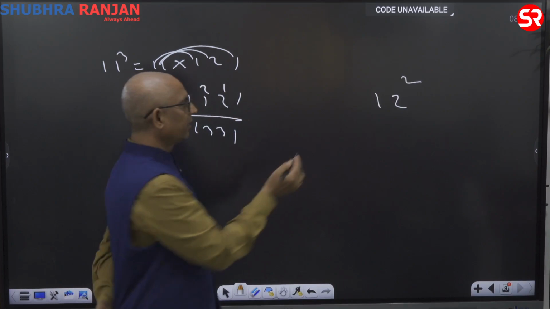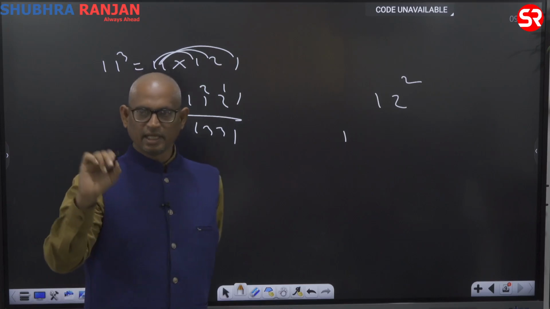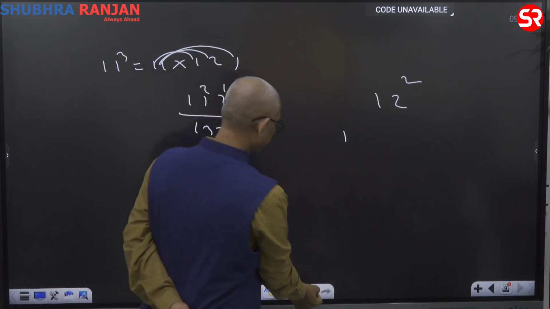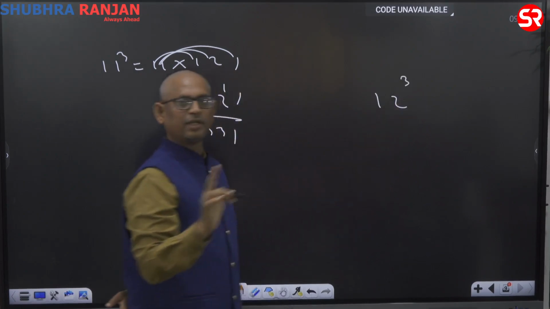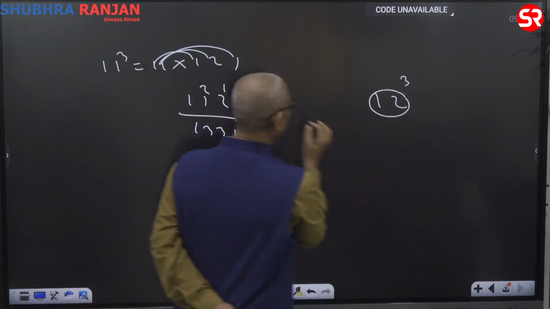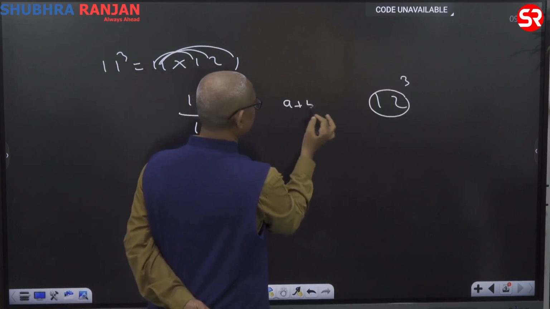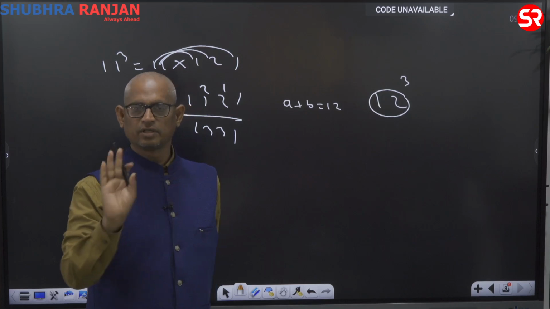The formula is a cube, 3ab into a plus b. Which cube are you doing right now here? 12 cube. So a plus b is nothing but 12. A plus b is not 3, it's nothing but 12.